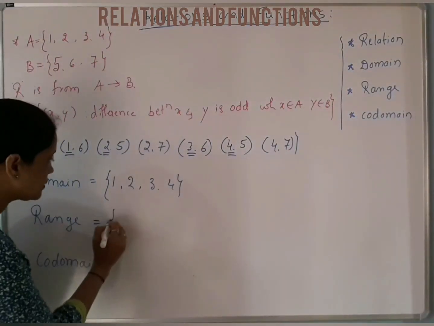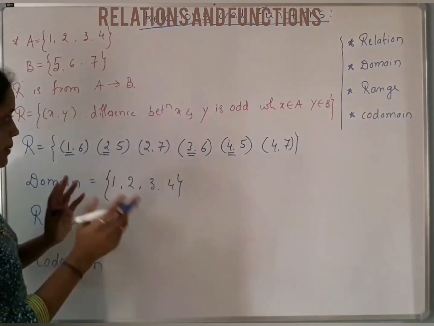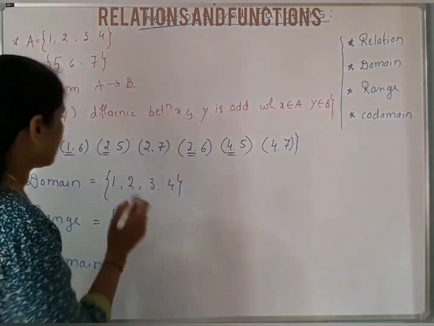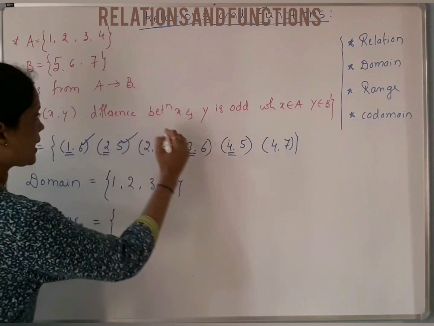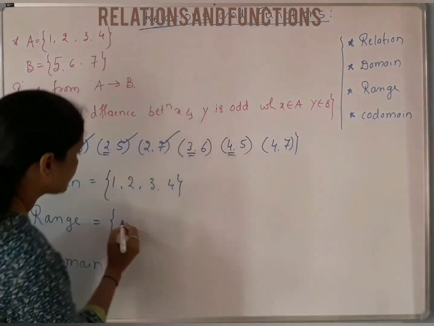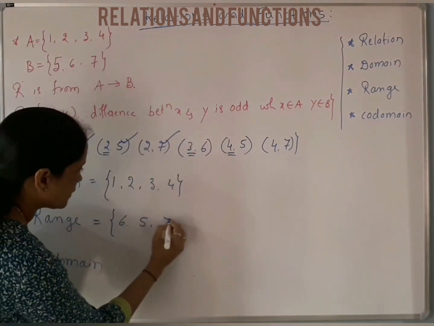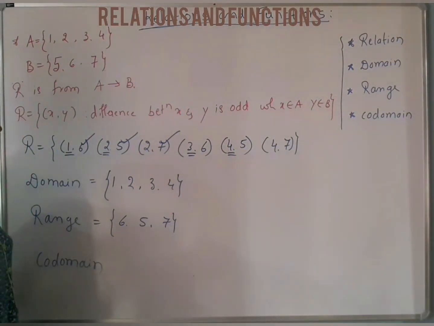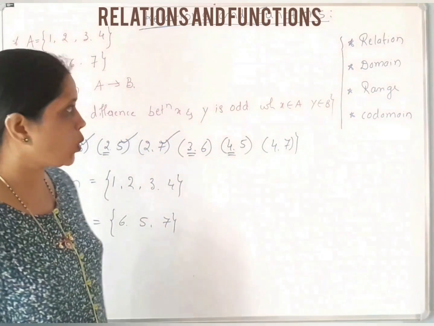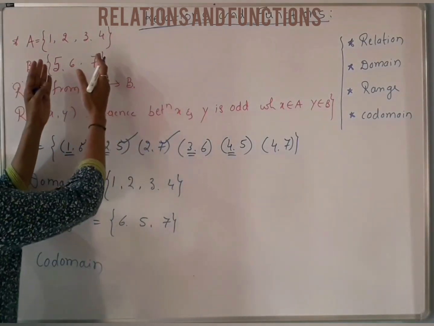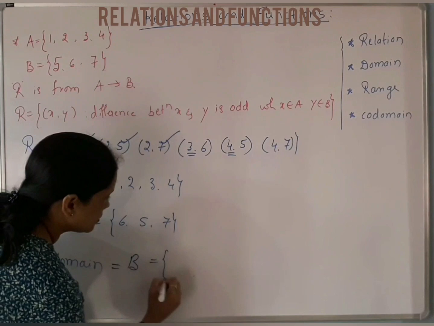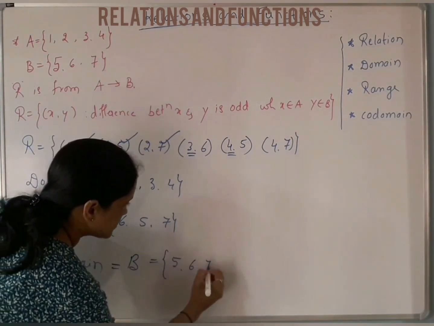Range is only the related elements, or you can say the second elements of all the ordered pairs: 6, 5, 7. Then what is codomain here? Codomain is the whole set B. We can write B or the elements 5, 6, 7.